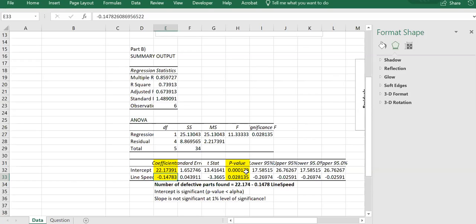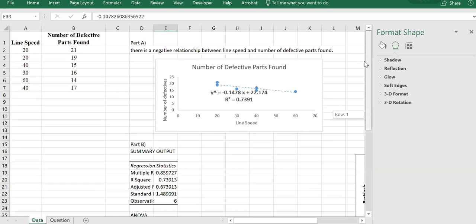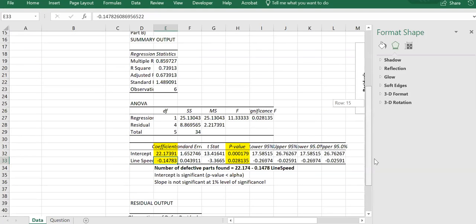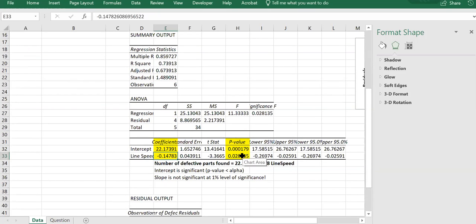But if you're gonna stick to 1%, then it's not significant. So how do we fix that? How do we fix this test? By adding to our sample size, by making a larger sample. That way it's definitely going to affect your p-value, and hopefully you're gonna get a significant coefficient, right?